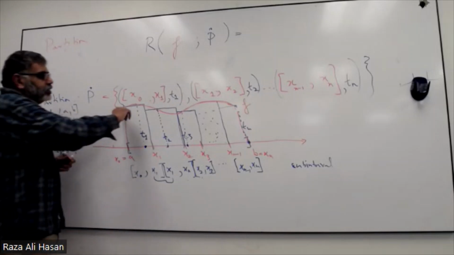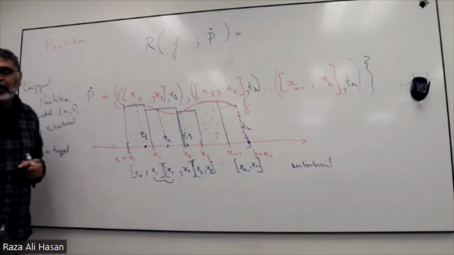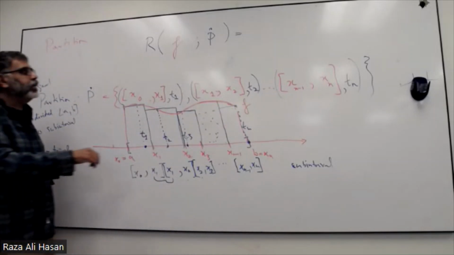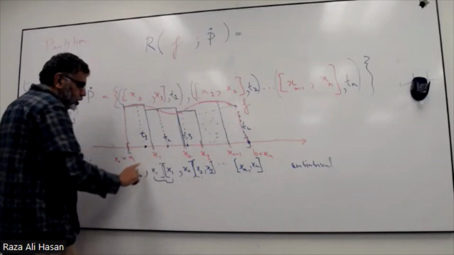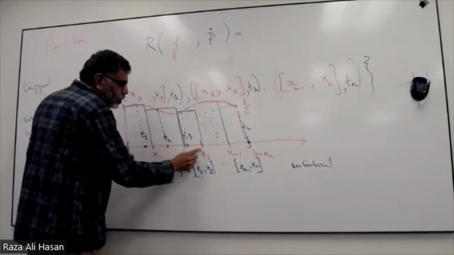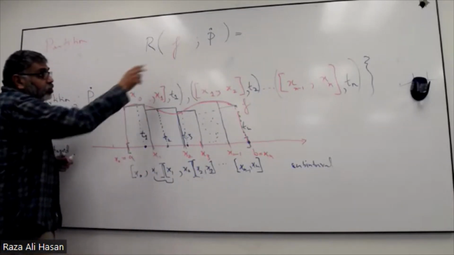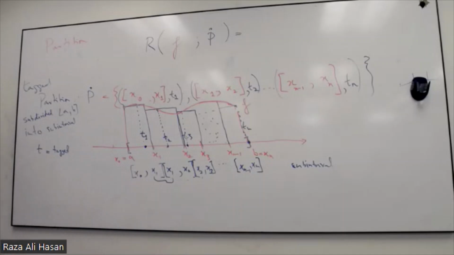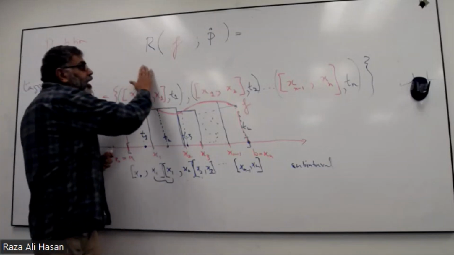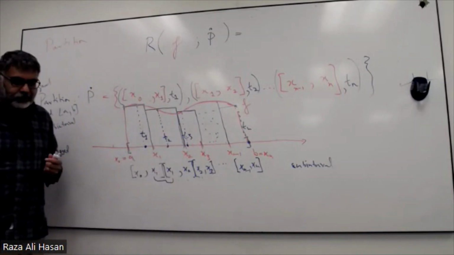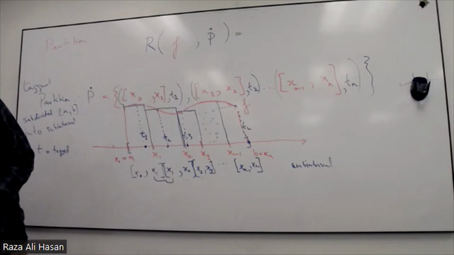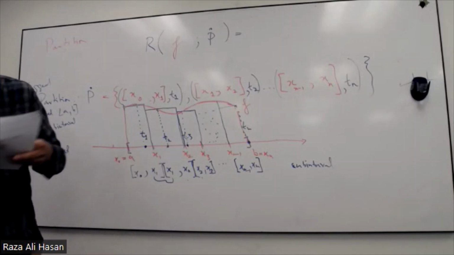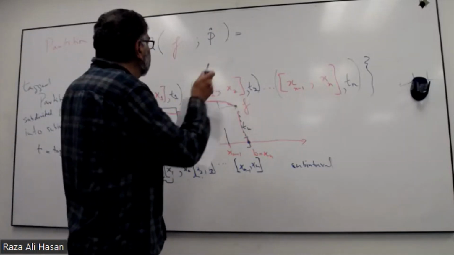F represents the function, and then this represents the tagged partition of the function. This is a very good question. This thing here is a shorthand for, wait for it, what I'm going to write right here.